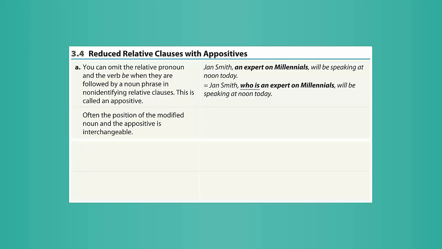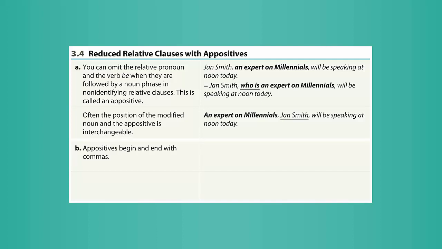And often the position of the modified noun and the appositive is interchangeable. For example, we can say an expert on millennials, Chen Smith, will be speaking at noon today instead of the above sentence. And remember that appositives begin and end with commas.